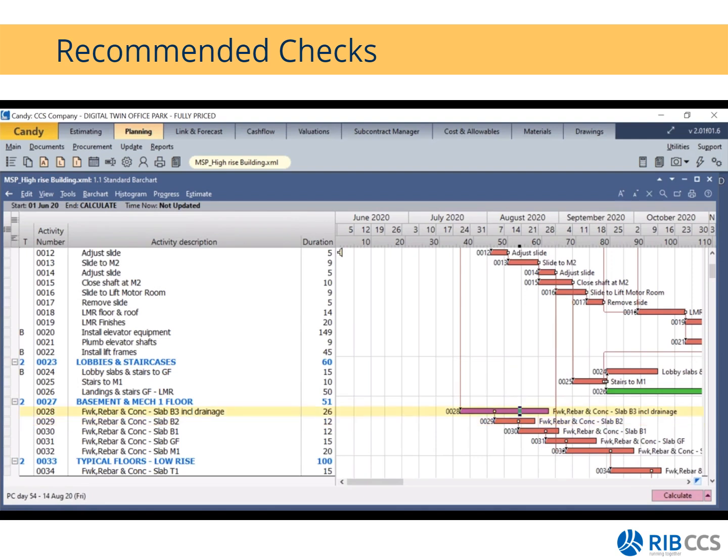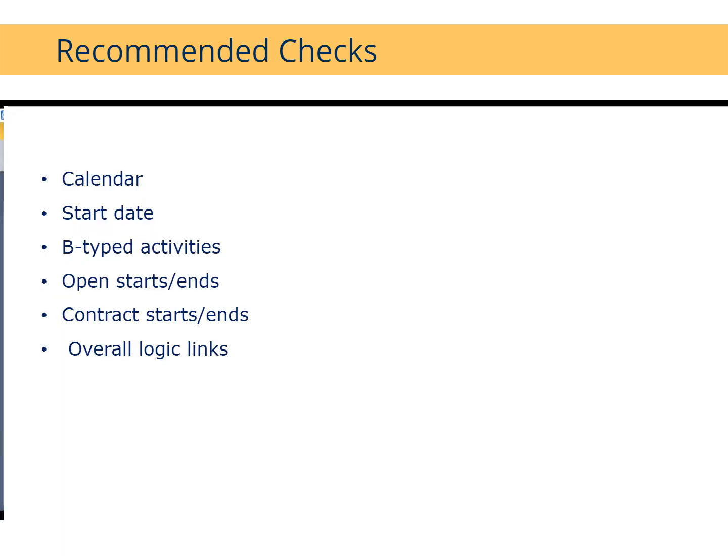I've just increased this duration, and once I hit calculate, you'll see that none of the succeeding activities are affected by it. That is why it is important to make sure that you have a program that has been fully linked. Let me quickly go back to the PowerPoint slide and run through some of the recommended checks. We have the calendar, which we will look at in a moment.